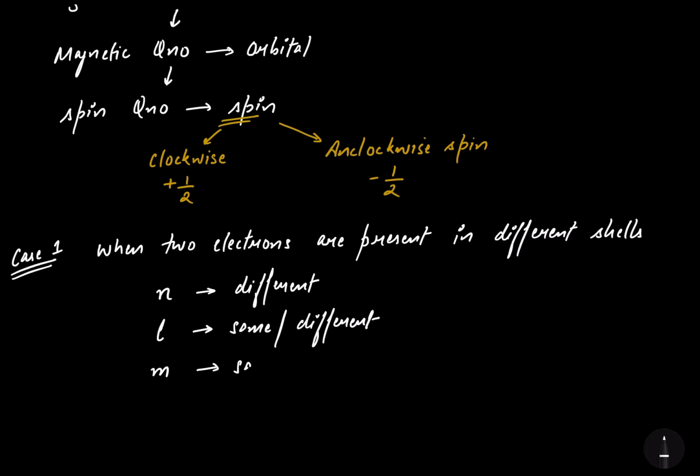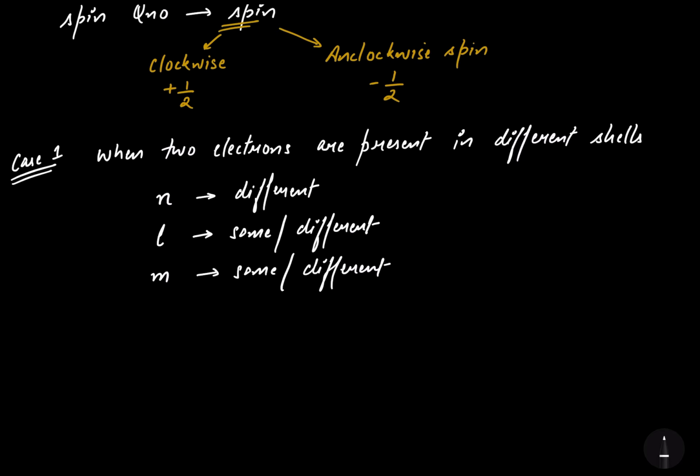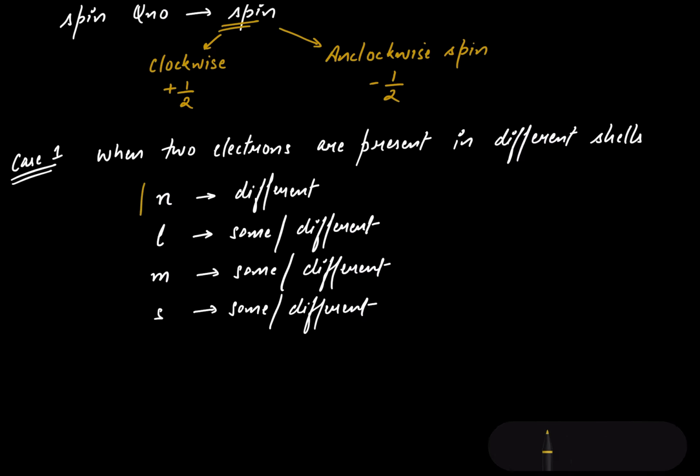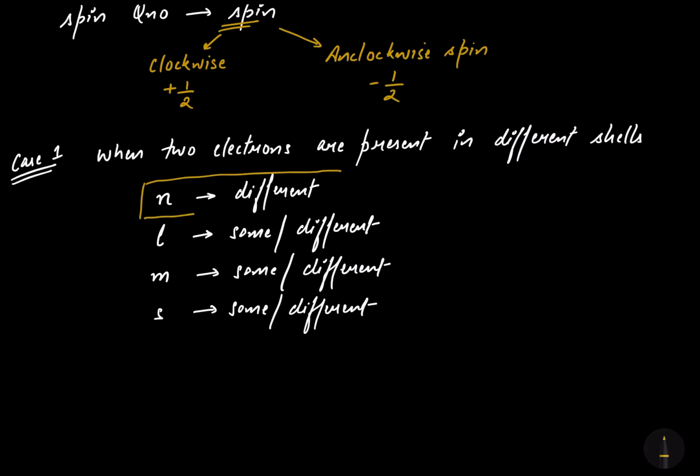This can be same or it can be different. And let's talk about the spin quantum number small s. That can be same or it can be different for the two electrons when they are present in different shell. The principal quantum number will always be different for this type of case.